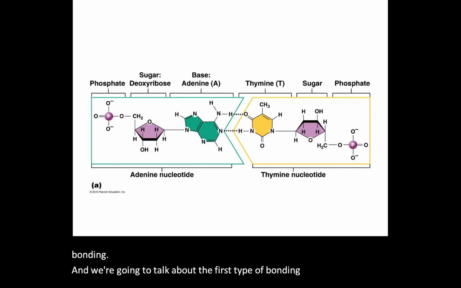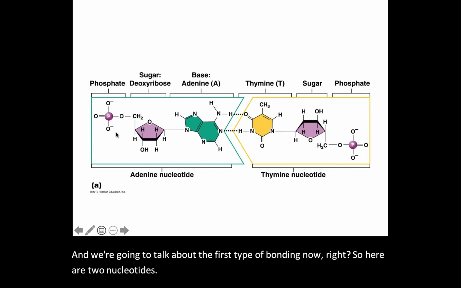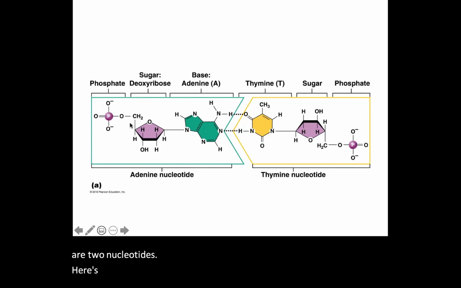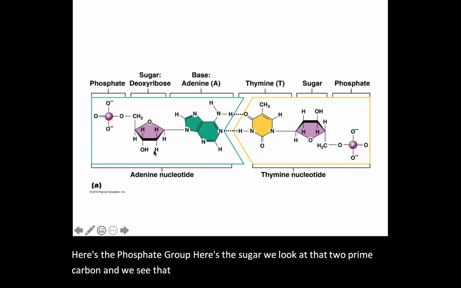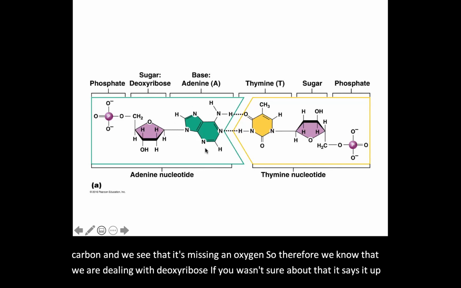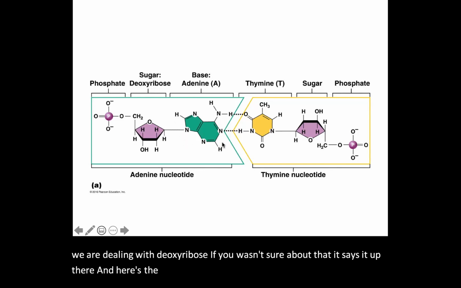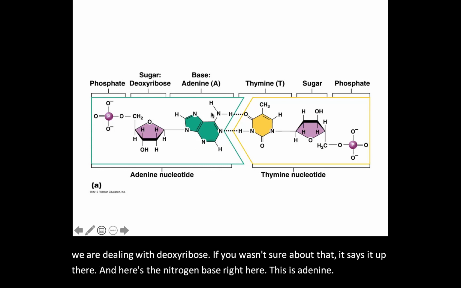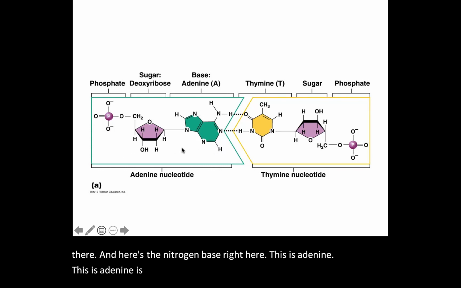So here are two nucleotides. Here's the phosphate group. Here's the sugar. We look at that 2' carbon and we see that it's missing an oxygen, so we know that we are dealing with deoxyribose. If you weren't sure about that, it says it up there. And here's the nitrogen base right here. This is adenine, so this is an adenine nucleotide.